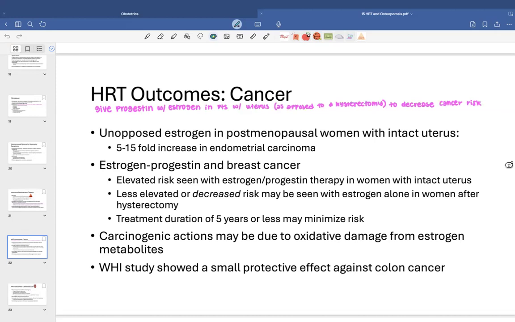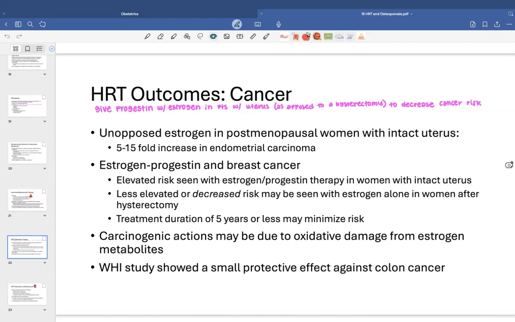So really, I think the most important takeaway as far as hormone replacement and breast cancer is concerned is keeping the duration of therapy to 5 years or less, meaning not an indefinite free-for-all for as long as they're alive.